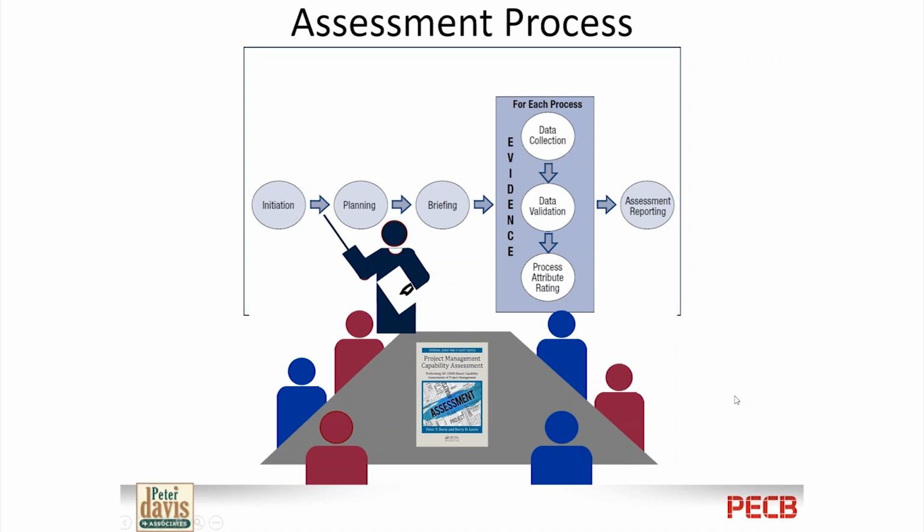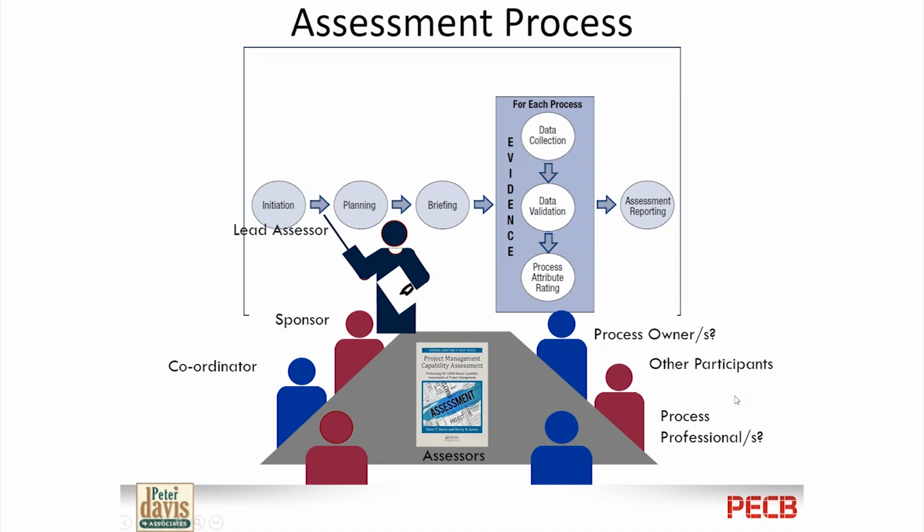The people that will be briefed are the sponsor, and if you're a large enough organization, you might have a coordinator. Generally, we like to have the process owner, or owners if there are more than one. There are other participants that might be called to the table as well, and other process professionals. As well, we have our lead assessor.